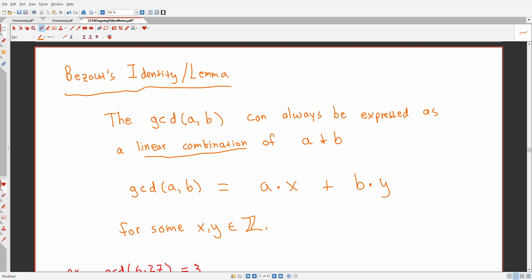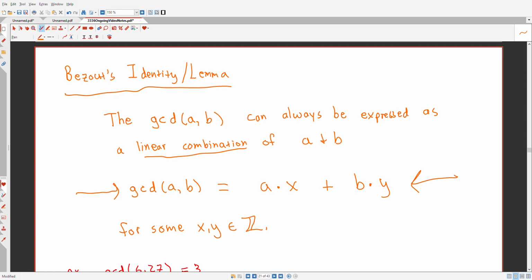Alright, how on earth does this always happen? It's a little surprising, maybe, right? If I look at the statement of Bezout's theorem written here in orange, this main equation right in the middle, the left-hand side is a statement about multiplying and dividing, about a biggest common divisor. And the right-hand side is about a linear combination, and those kind of feel like maybe related, but not super related.